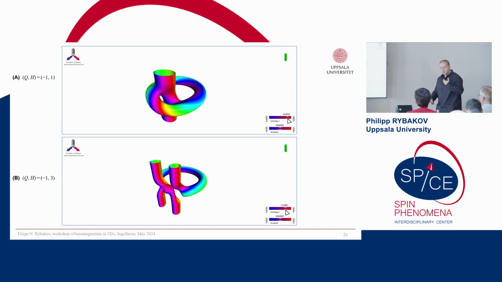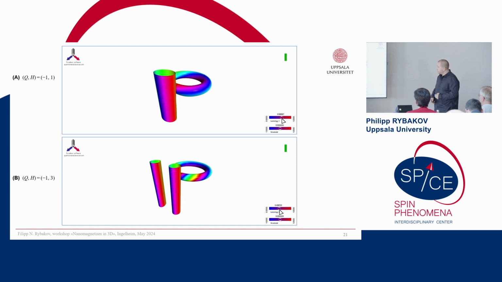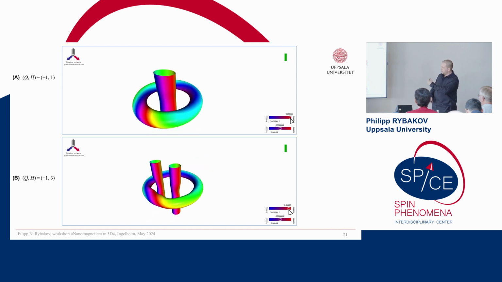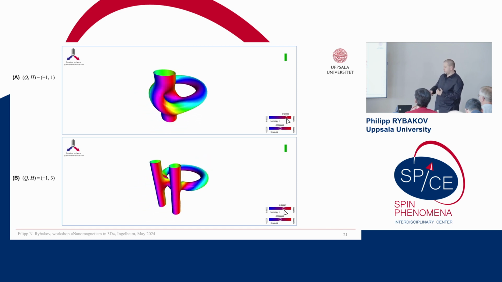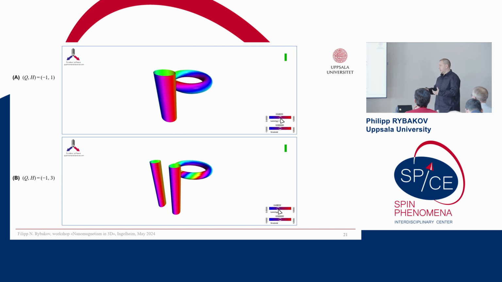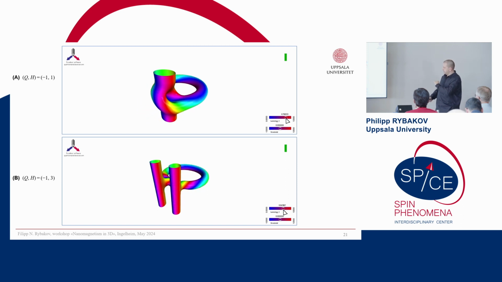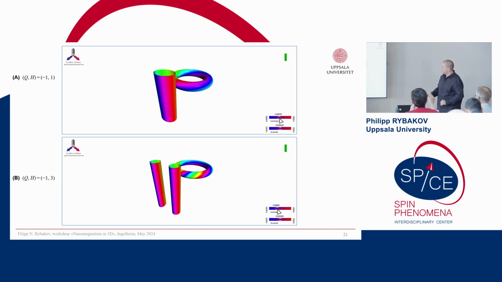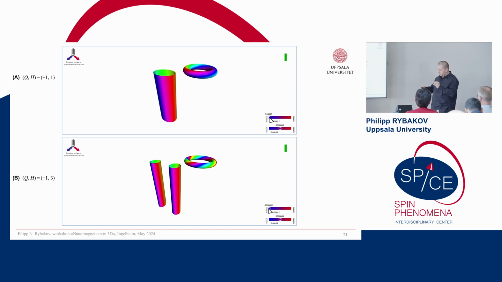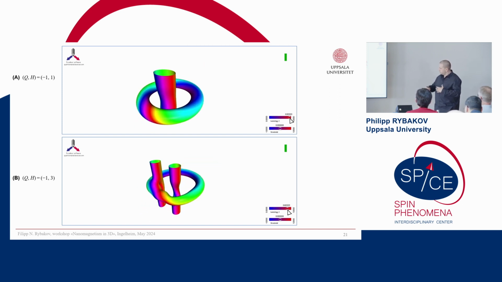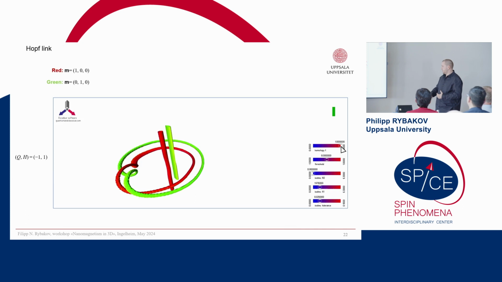So every string contributes twice to the linking. Initially we have intrinsically -1, then we have intrinsically something like +3. But all these processes are purely continuous, and the topological charges are fixed. This is just to bring some intuition of what is happening.